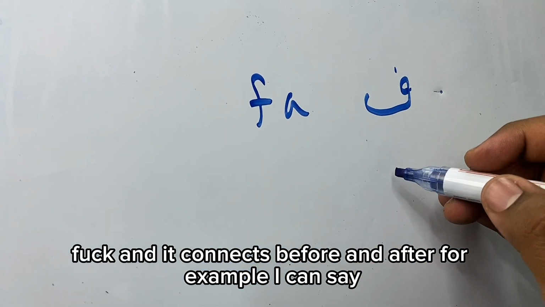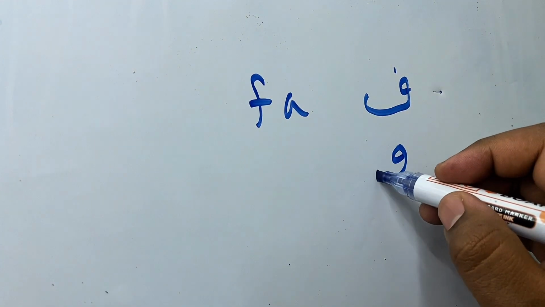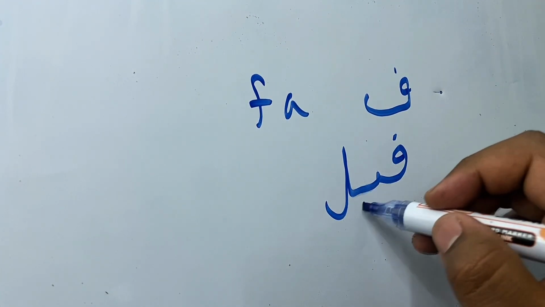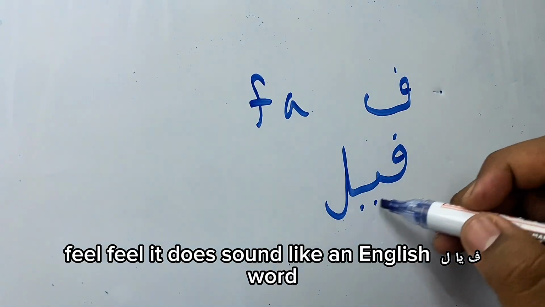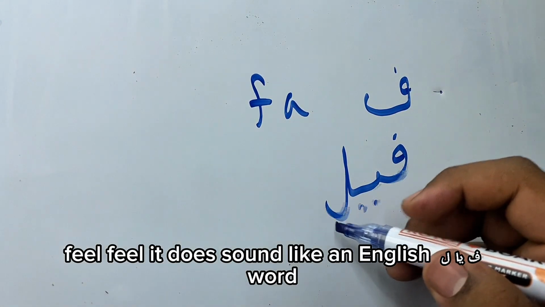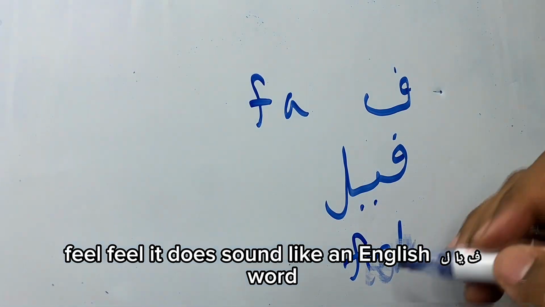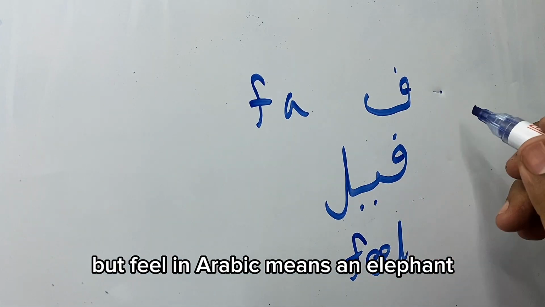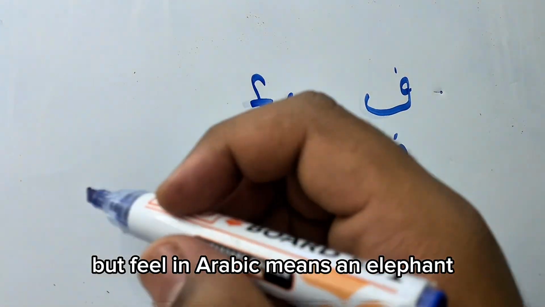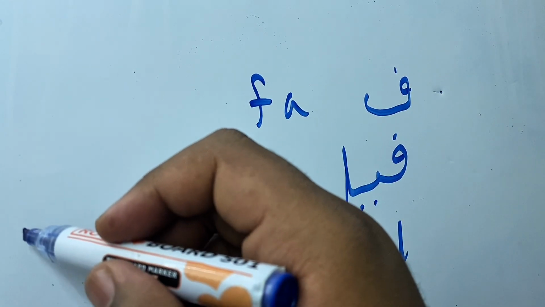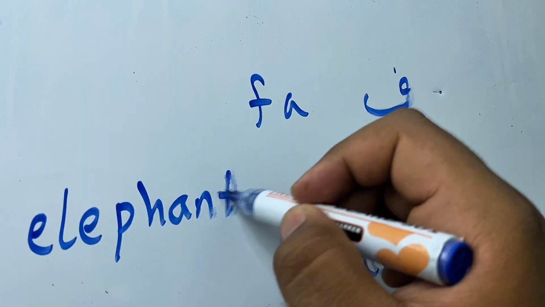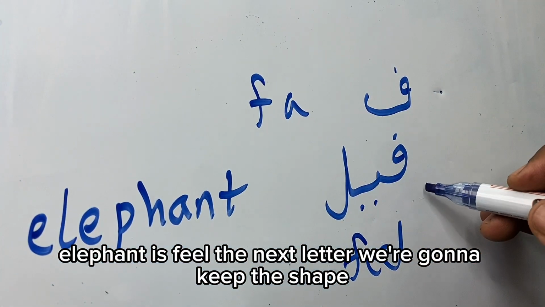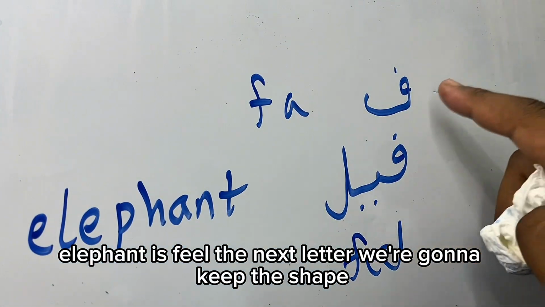For example, I can say fa, ya, la, feel. It does sound like an English word, but feel in Arabic means an elephant. Elephant is feel.